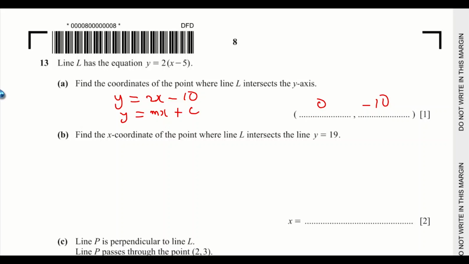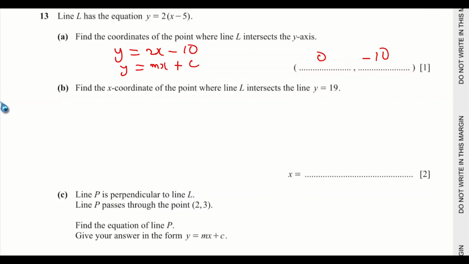Part B, find the x coordinates of the point where line L intersects the line y equals 19. We want to find the x coordinates of the point where line L intersects the line y equals 19. Line L is y equals 2x minus 10, and we have another equation, y equals 19.